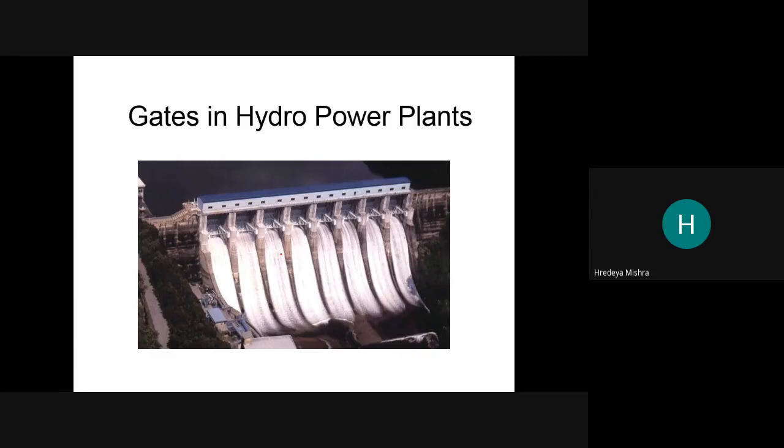Now we talk about the gates in the dam. So these are the gates: 1, 2, 3, 4, 5, 6, 7. These dam gates are made to release the water. How much head is there?